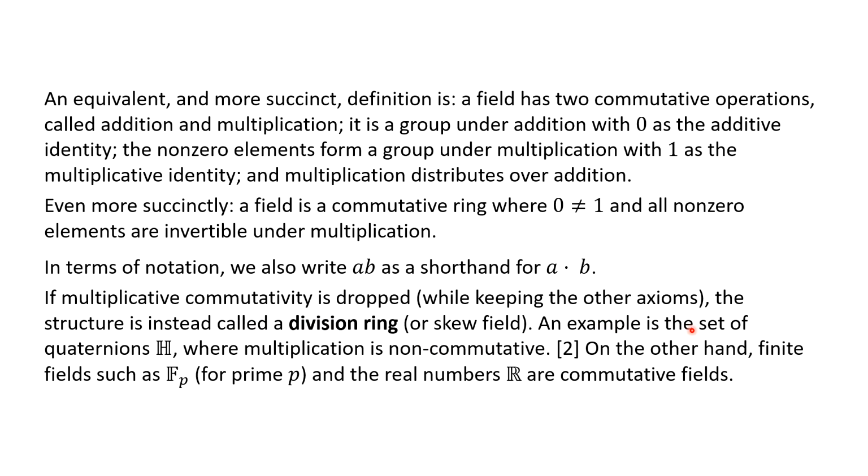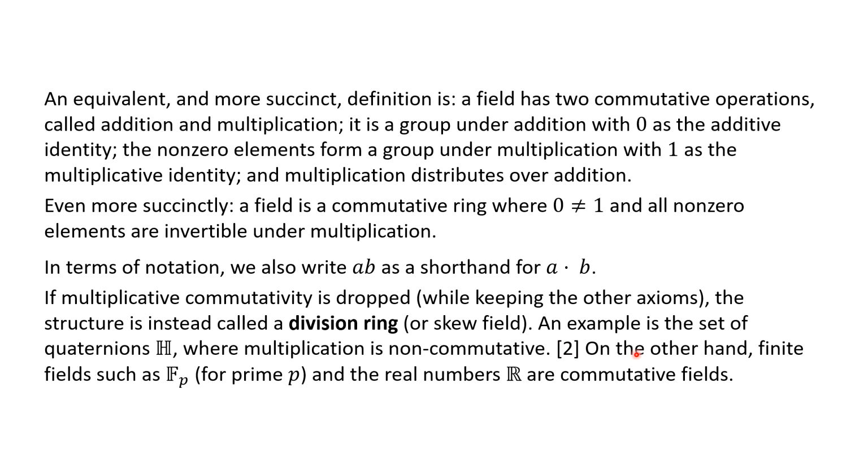Examples. An example includes the quaternions, represented by this H here, where multiplication is non-commutative. The quaternions are sort of a four-dimensional extension of the complex numbers. I'll give you a reference. This will be to the Wikipedia article.